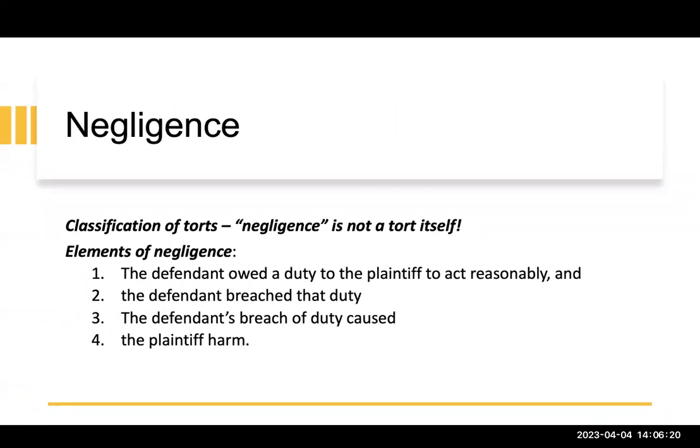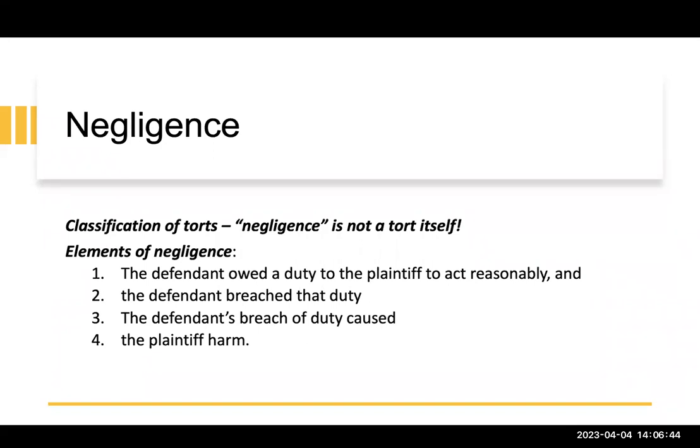There's a discussion of the Palsgraf case at pages 195 and 196 of the textbook. And I also, in the modules, put up a short video that illustrates what happened in the Palsgraf case, and contains a discussion of what happened.